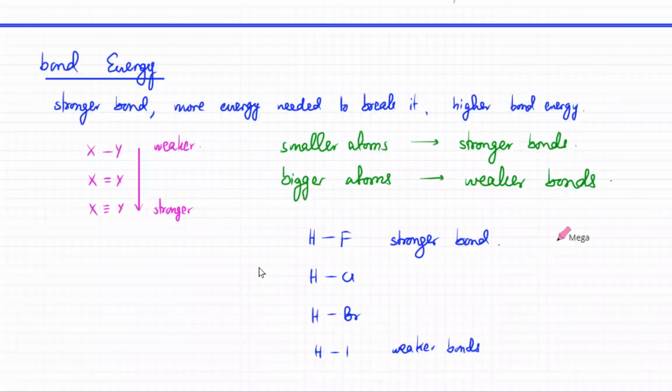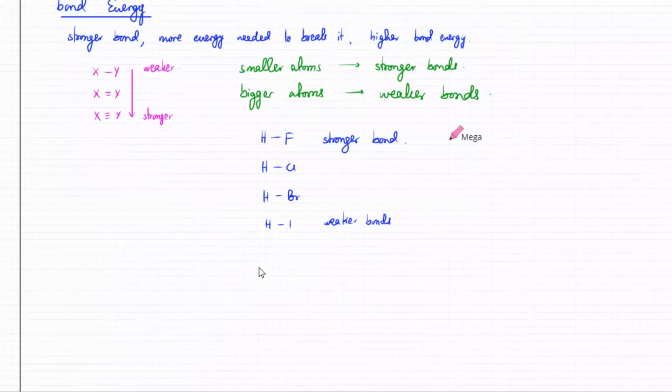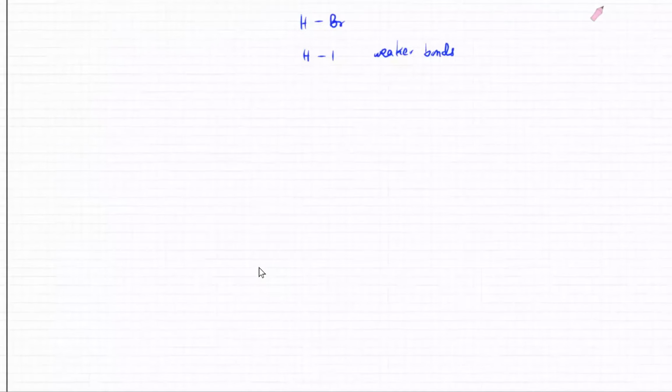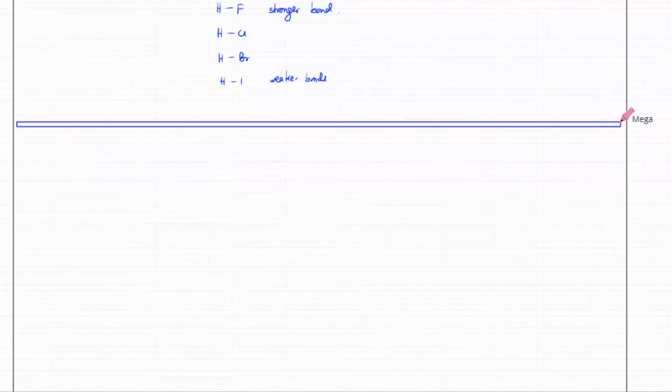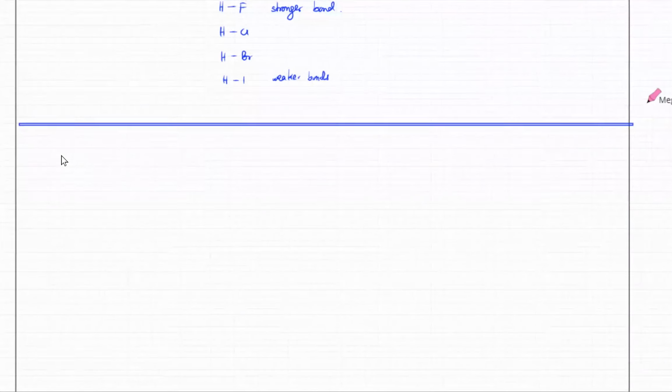So that's it. Now, the other thing that we're going to talk about is the energy profile diagram, and we're going to talk about the activation energy. The activation energy and the energy profile diagram that you've studied in O levels are related to this, because in every reaction you have bonds being broken and bonds being formed.